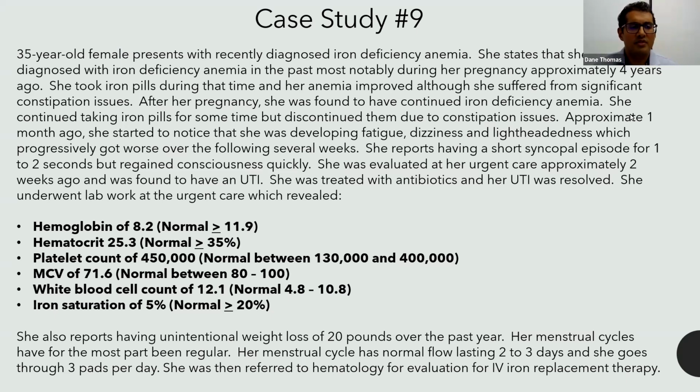She also reports unintentional weight loss of 20 pounds over the past year. Her menstrual cycles have, for the most part, been regular, with normal flow lasting 2 to 3 days, and she goes through 3 pads per day. She was then referred to hematology for evaluation for iron infusions.